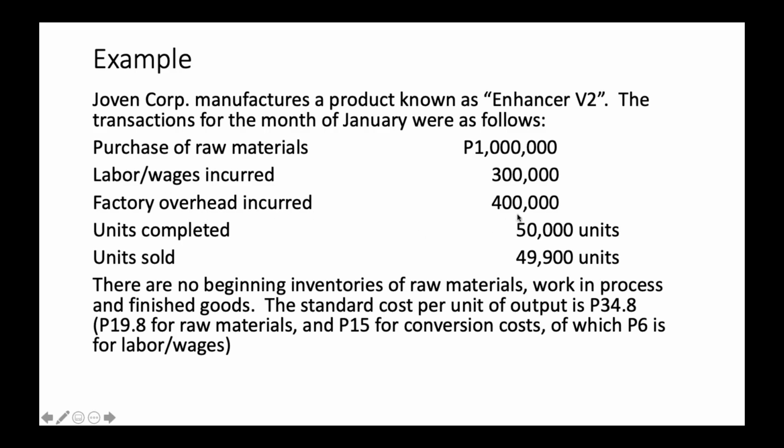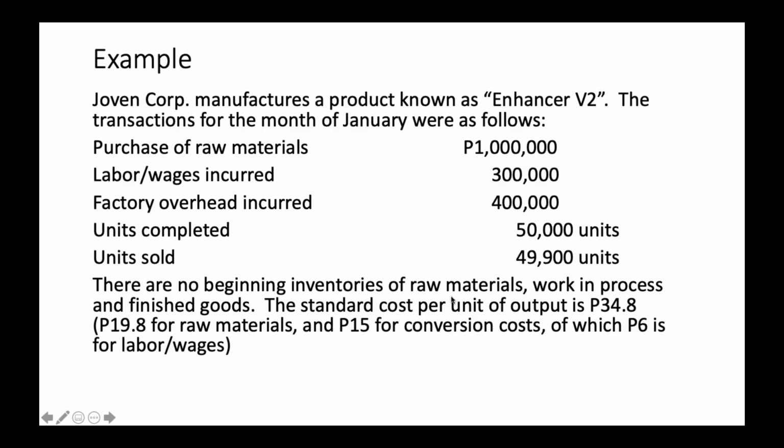Factory overhead incurred, 400,000, also actual cost. Units completed is 50,000 units. Units sold is 49,900. So here we understand there are unsold completed goods, therefore there are remaining finished goods in our inventory, and that is 100 units.